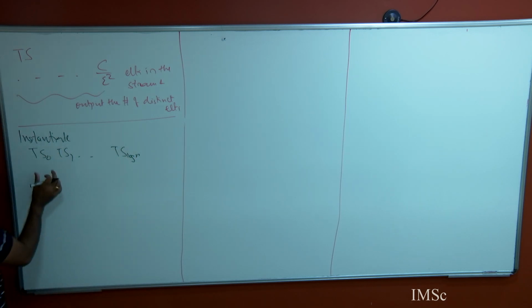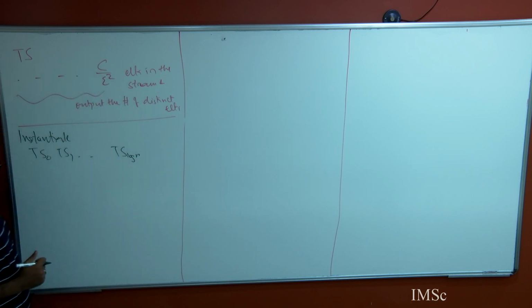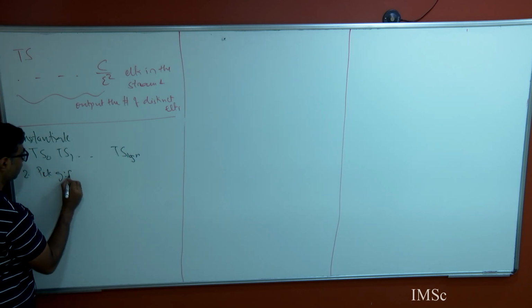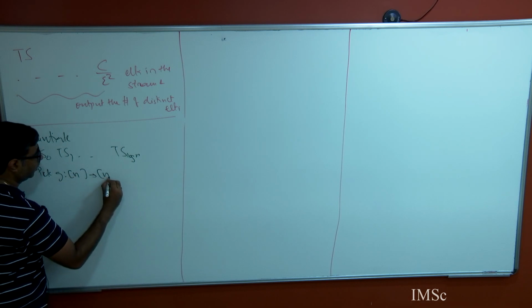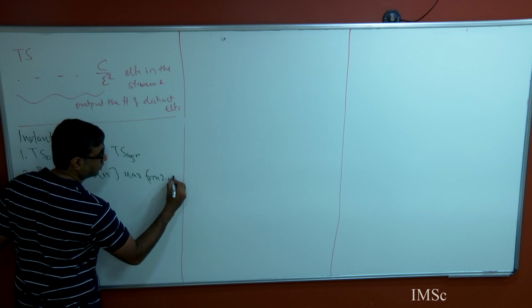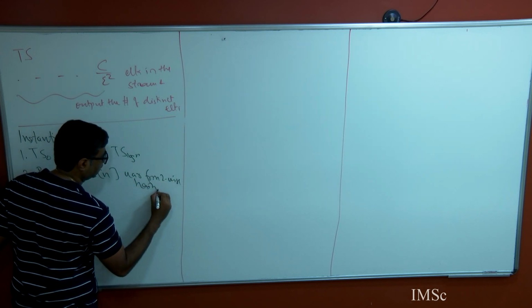So there are log n instantiations of this, that was the first thing, and then we picked Z from 1 to n uniformly at random from two-wise hash functions.